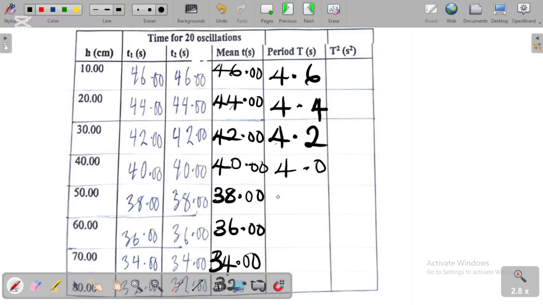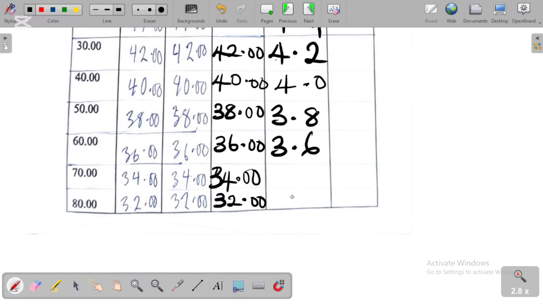The fifth one gave us 3.8. The sixth one gave us 3.6. The seventh one gave us 3.4. And then the eighth one gave us 3.2.